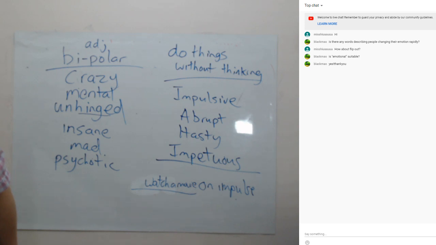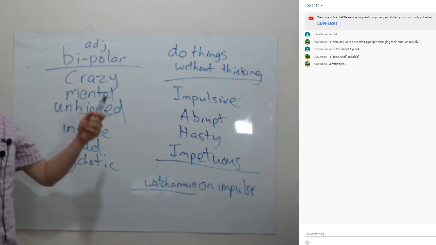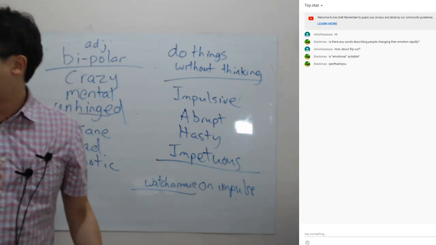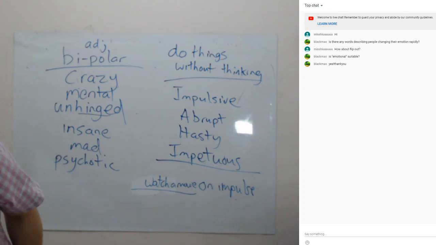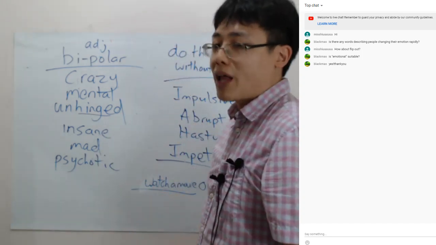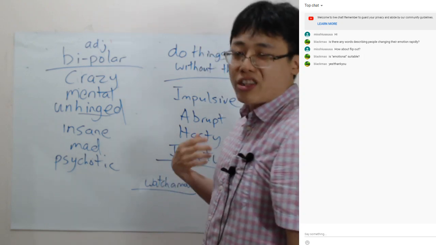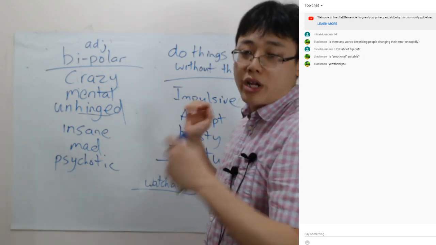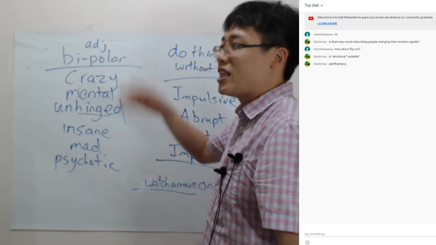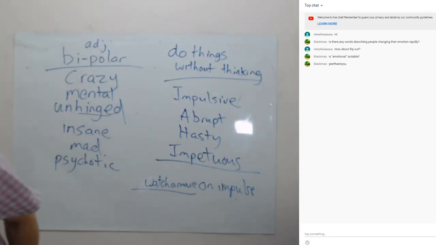I want to make this clear: usually if you have people that have wild emotions and they go to extremes, they change all of a sudden, then we call them crazy or bipolar. You might be able to say that they're emotional, like what Blackmail asked. However, emotional usually means that they're very sensitive or that they're at the extremes. It doesn't necessarily mean that they change a lot. Okay, good questions so far.